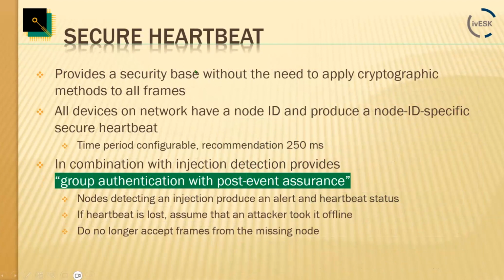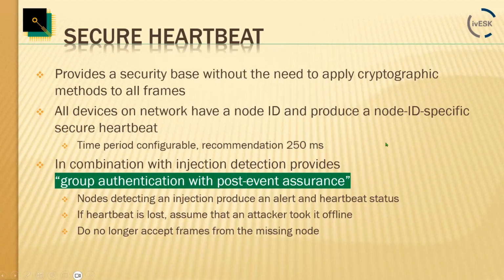Another basic element is the secure heartbeat. You can say that in the most simplistic implementation, we do the ID guarding combined with a secure heartbeat to offer group authentication with post-event assurance. Now, what this means is if we have ID guarding in software, it still means that an attacker could take us offline. So we want to guard an ID and want to report, oh, we just detected that somebody is trying to impersonate us.